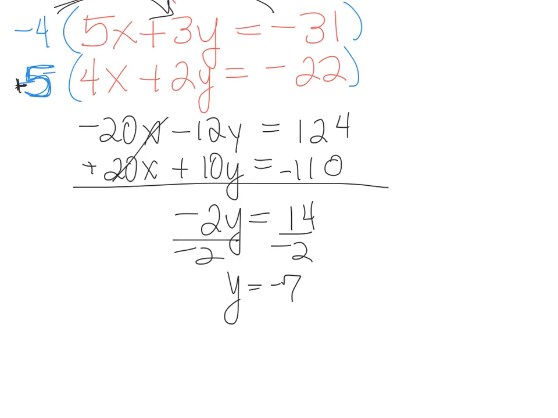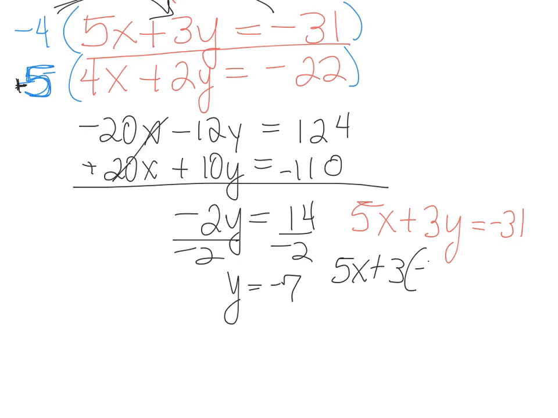Then once you know that y is equal to negative 7, we go back and plug it into one of the original equations. Let me copy it. It could be 5x plus 3y equals negative 31, the one where we moved the y over to the left side, which is the first one. Then you substitute the y for negative 7. So that would be 5x plus 3 times negative 7 equals negative 31. So it's 5x minus 21 equals negative 31.